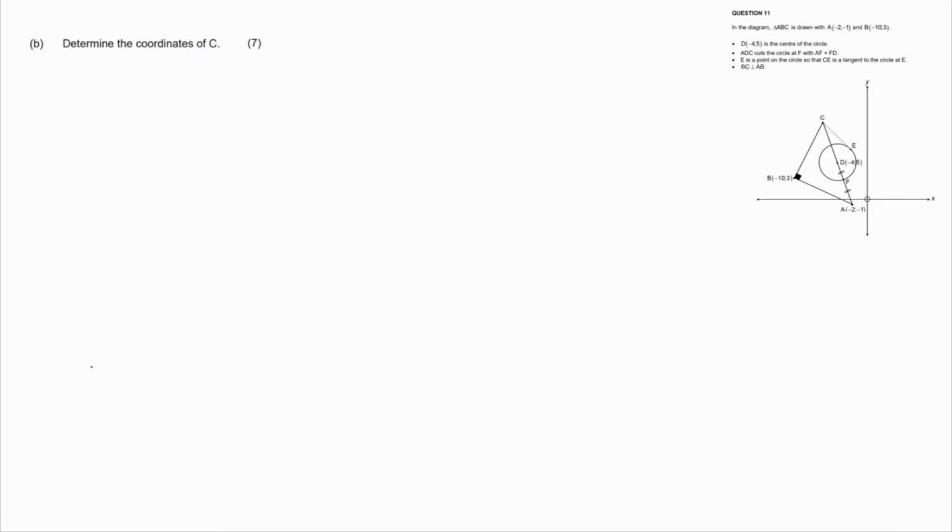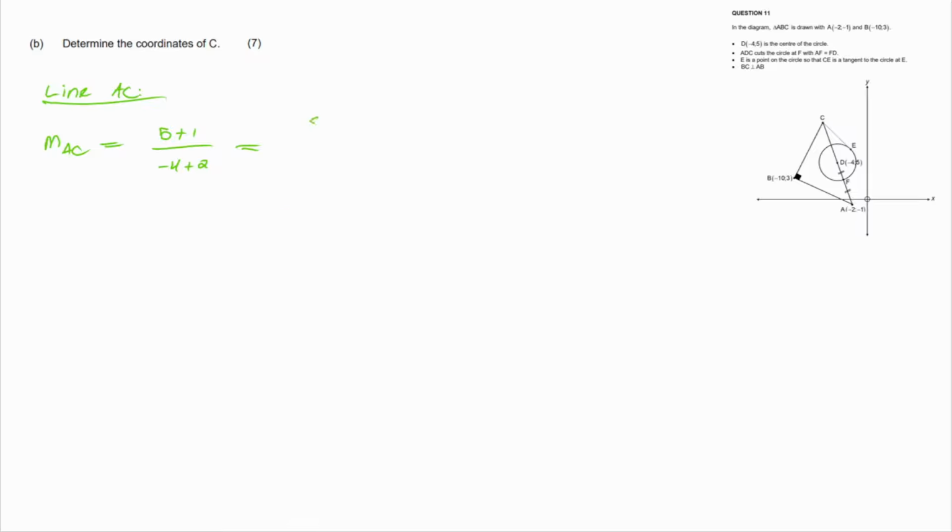Okay, let us get into it then. So we need the equation of line AD. Let's say line AD and line AC are the same thing. So anyways, line AC, well, if we look at the gradient of AC, that is just going to be equal to 5 minus -1 over -4 minus -2.